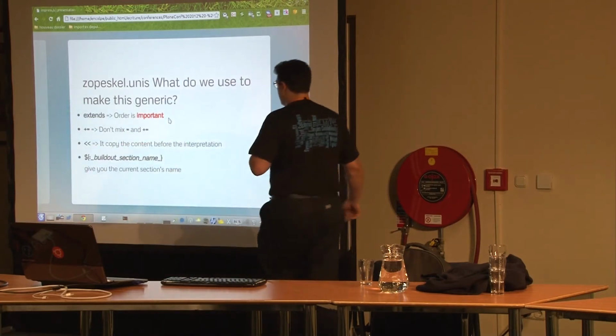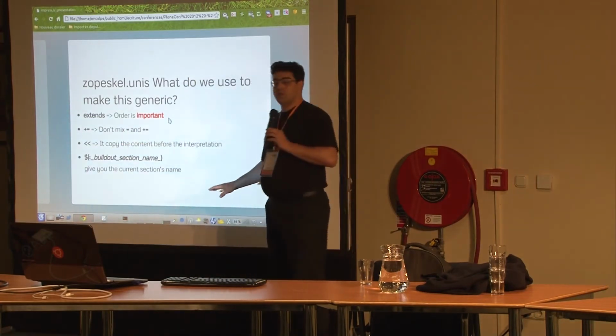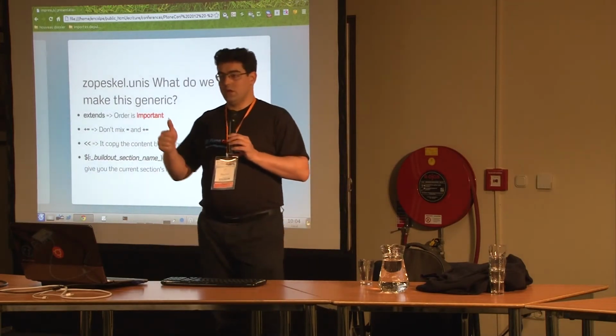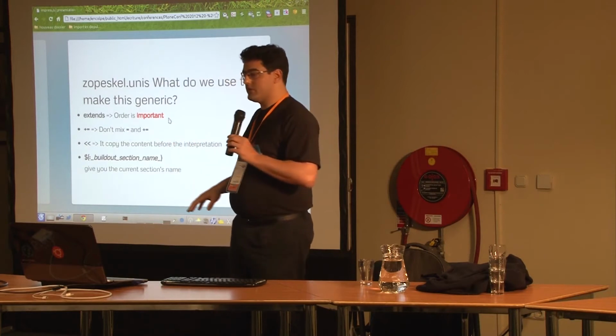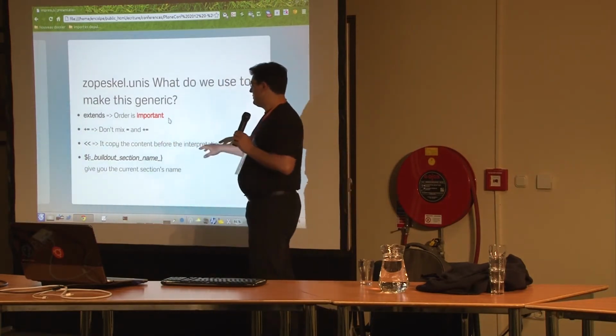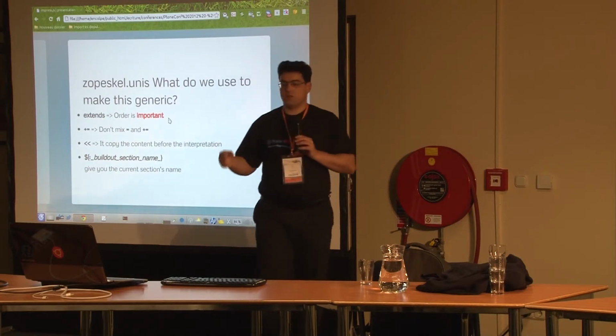And the last one, it's not documented at all. You can find it in the buildout source. This one just gives you the name of the current section in buildout.